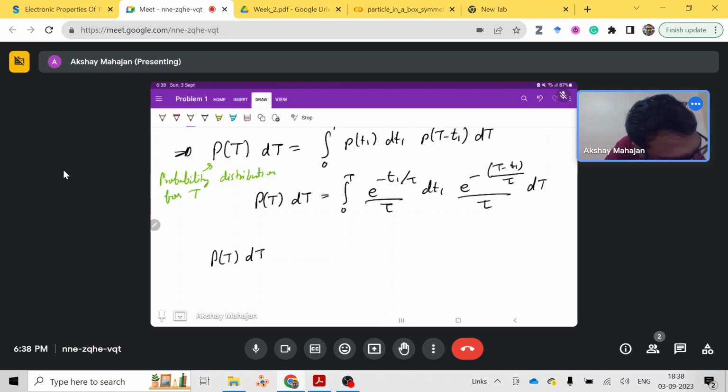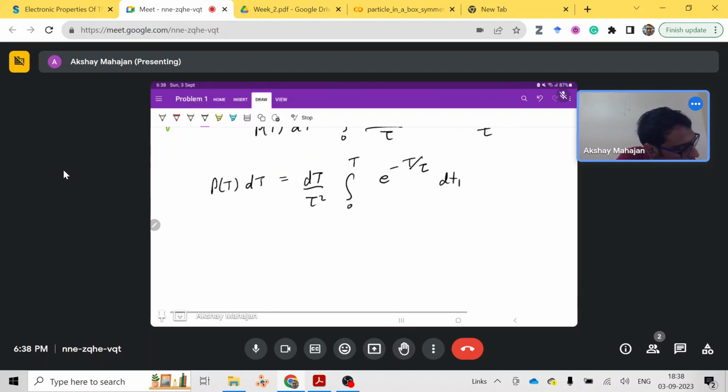Distribution of capital T, right? And P(T) dT will be equal to, I can take out this capital T by tau square. We will have integral from 0 to capital T, e to the power minus t by tau, and dt.